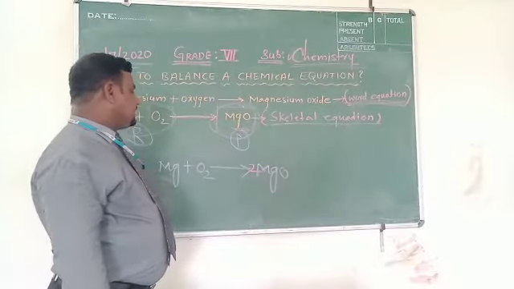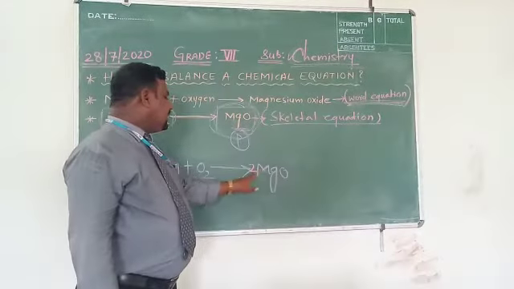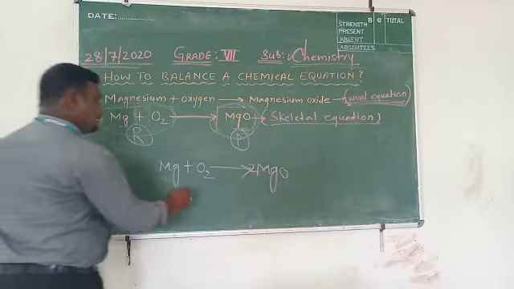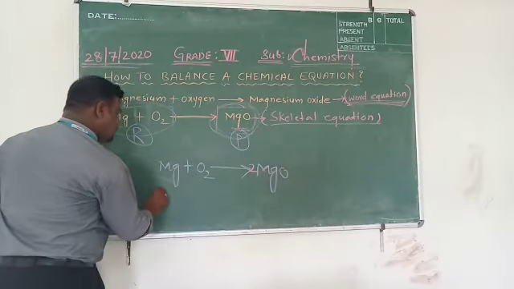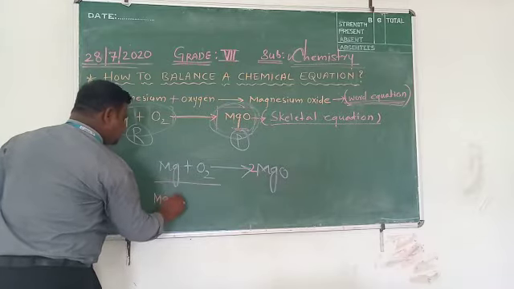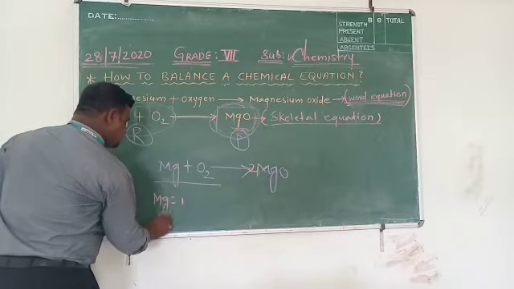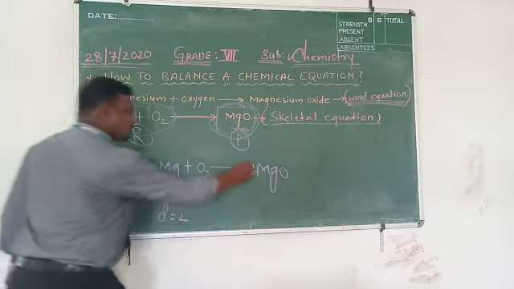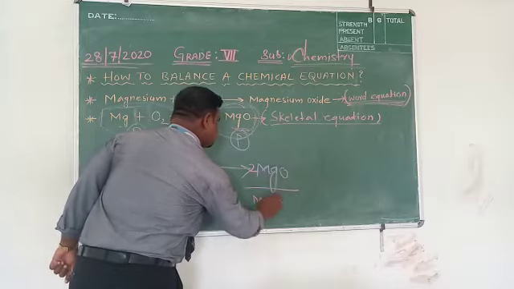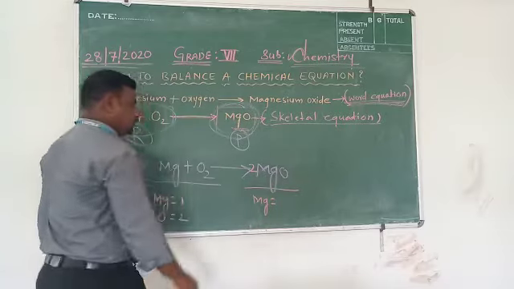Are you able to understand? We have to keep a coefficient number 2. Now count it. On the reactant side first we count. Magnesium 1, oxygen 2. Come to the product side now. Magnesium atoms are 2.